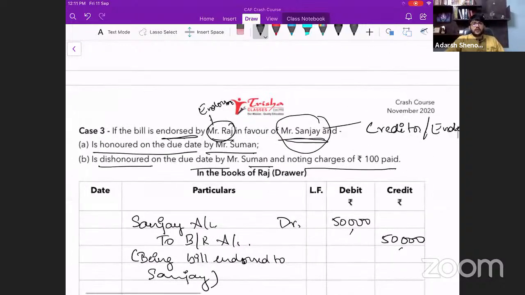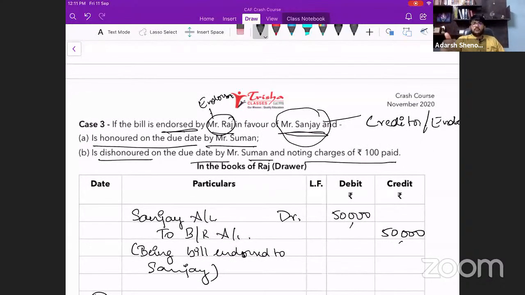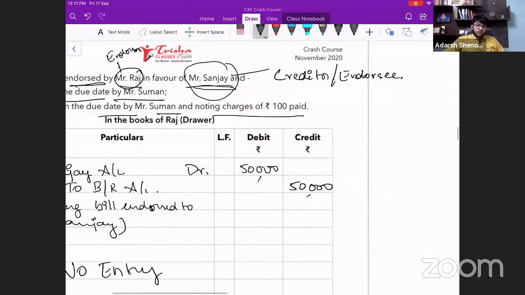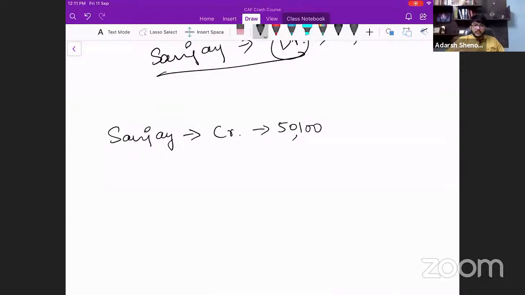That is not my expense. You have to pay me 50,100. So my liability towards Sanjay is 50,100 rupees. Did you follow this?